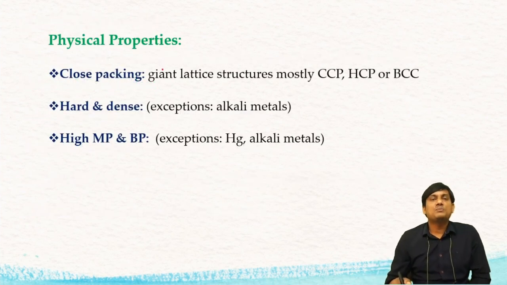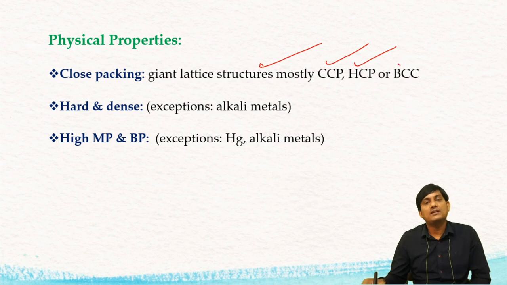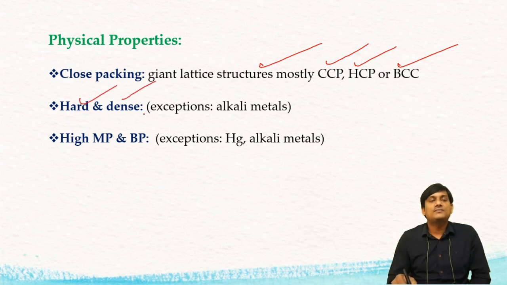Some other physical properties: they have close packing structure. Mostly they have cubic close packing, hexagonal close packing or body centered cubic. Since the structure is close packing, metals are hard and dense. Some exceptions are there.